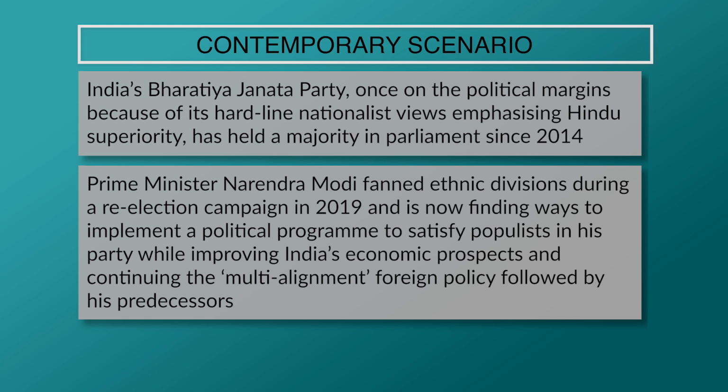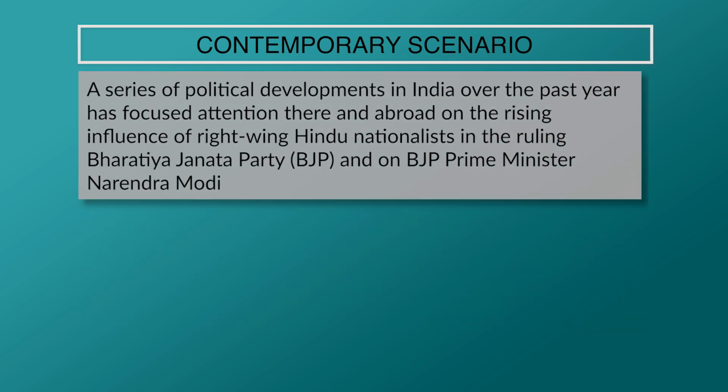A series of political developments in India over the past years have focused attention there and abroad on the rising influence of right-wing Hindu nationalists in the ruling Bharatiya Janata Party and on BJP's Prime Minister Narendra Modi.